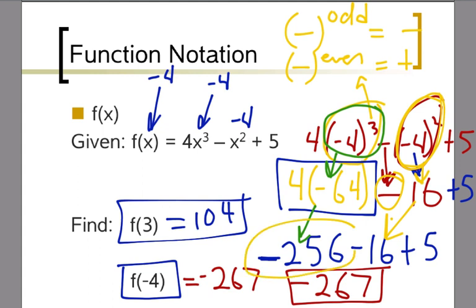And so you have your negative 256 minus a negative, which means you really add those, and then add 5. Okay? So the process here is, again, whatever the number they give you, f of whatever, this is just a number that you plug into the equation wherever there is an x value.